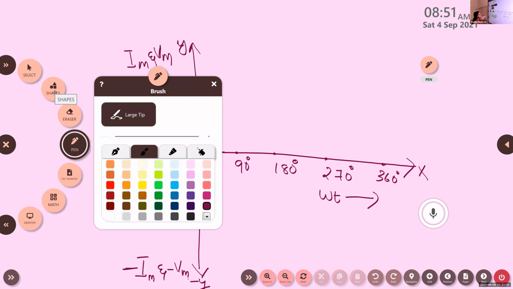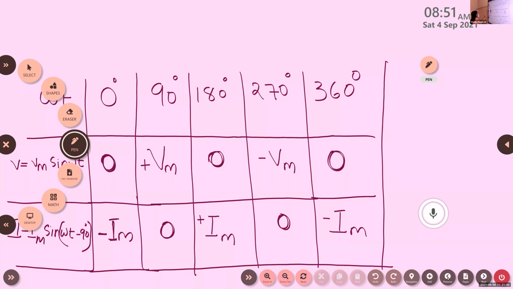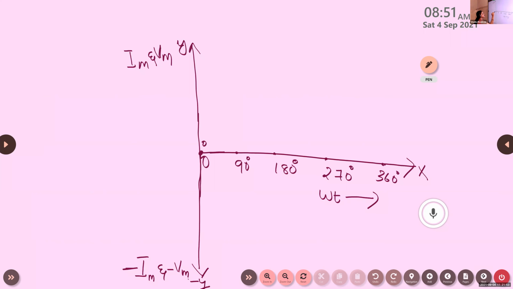So first of all, we can draw the graph corresponding to the value of EMF, Vm. For 0 degree, V is starting from 0. And for 90, it is plus Vm. The first point is starting from here. For 90 degree, it is positive Vm.